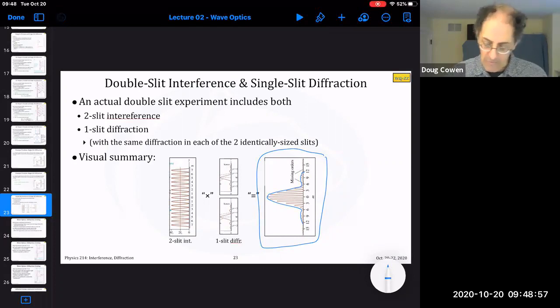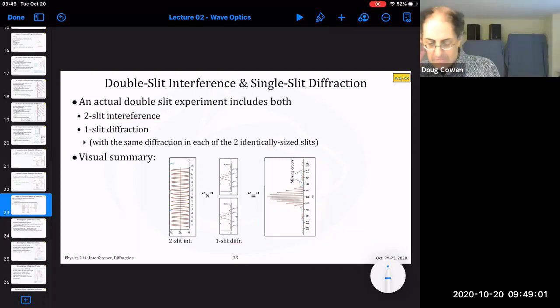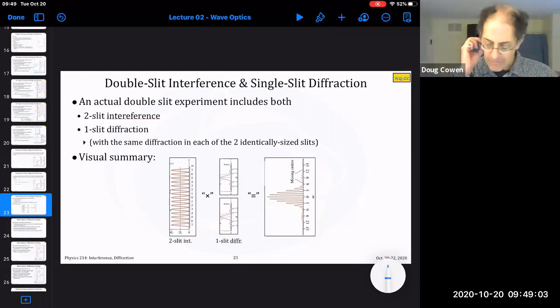And one thing that you can see, and I believe it's a problem in the homework, is there are going to be places where the diffraction pattern has a dark fringe, but the interference pattern has a bright fringe. And in those places, darkness wins. So a dark fringe is basically a 0. And you multiply anything by 0, you get 0.